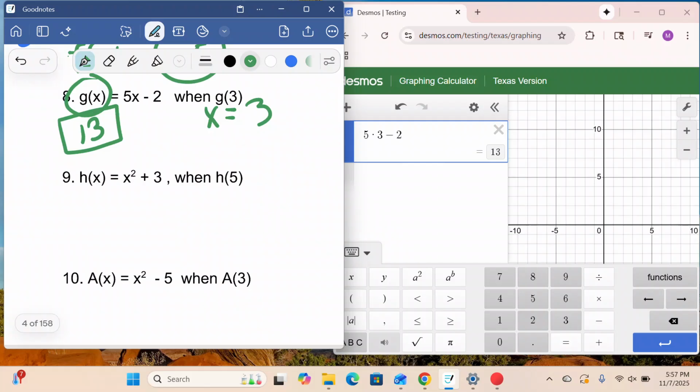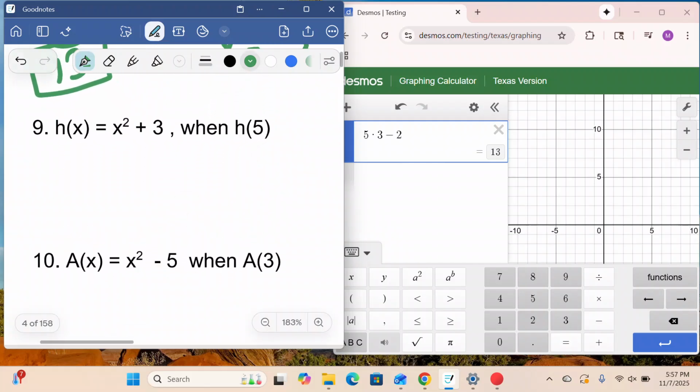Next problem, number 9. We are looking at h of 5, given that h of x is equal to x squared, or x to the second power, plus 3. So all we're going to do is input, instead of putting the x, we are going to put 5. So we got to understand that x does equal 5 as part of the function.